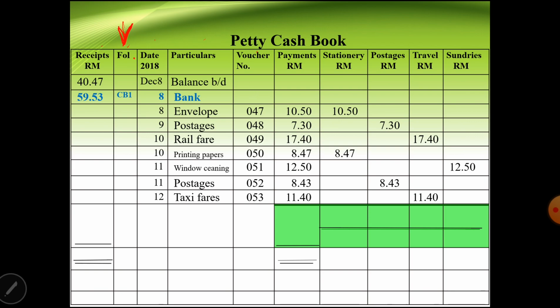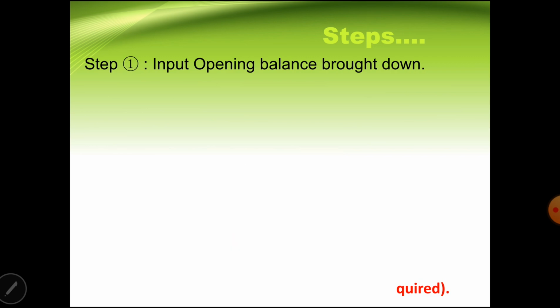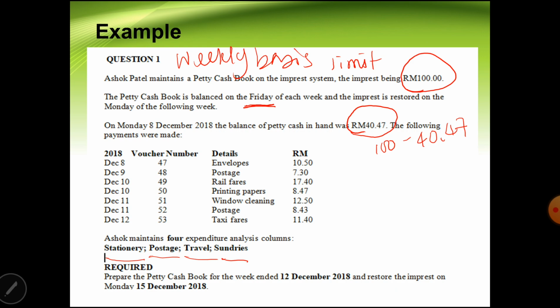Okay, this question already mentioned the last voucher number. The last voucher number, it's given in the questions. No, it's not mentioned, but it's given. All the payments have been assigned a voucher number, so you just follow lah. You just follow exactly 47, 48, 49 and so on.